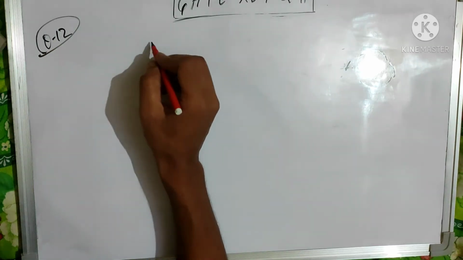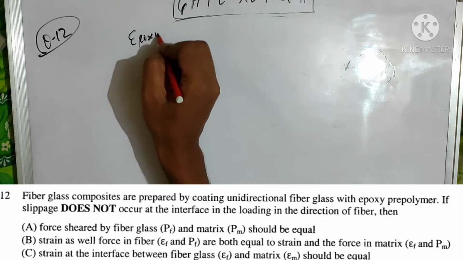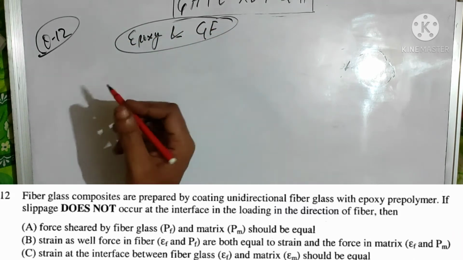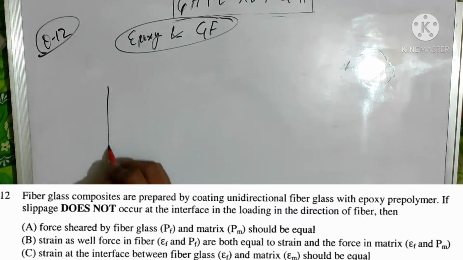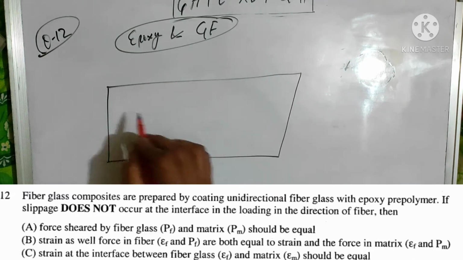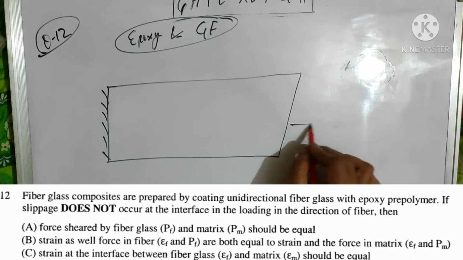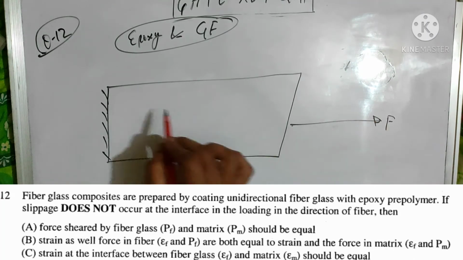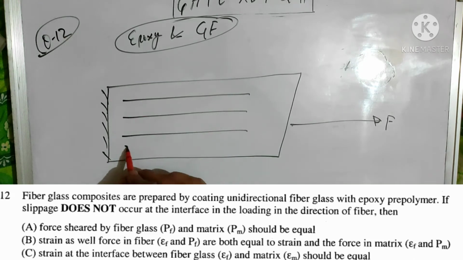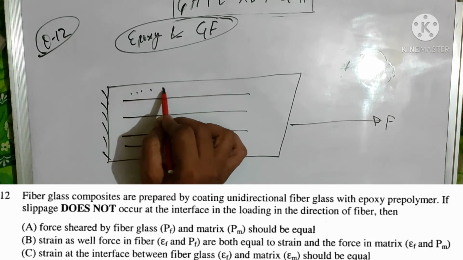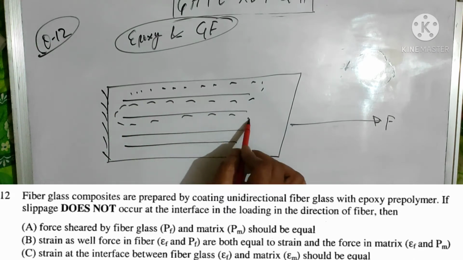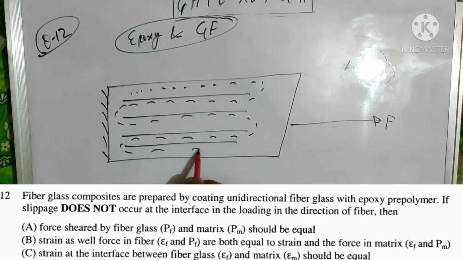Polymer composite of the epoxy and glass fiber. So first understand the concept of the polymer composite when a unidirectional force is applied. Take this as the glass fiber and this is the polymer composite surrounding the glass fiber.